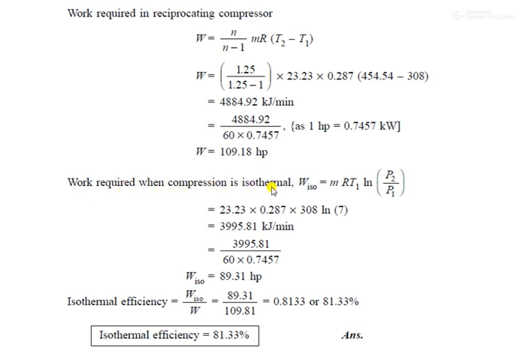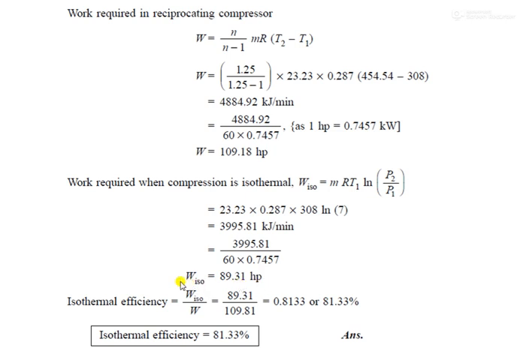Now, work required when compression is isothermal, only then can we find out the isothermal efficiency. The work required when compression is isothermal is m R T1 log natural P2 by P1. We can use these values to find out the work required for the isothermal process.